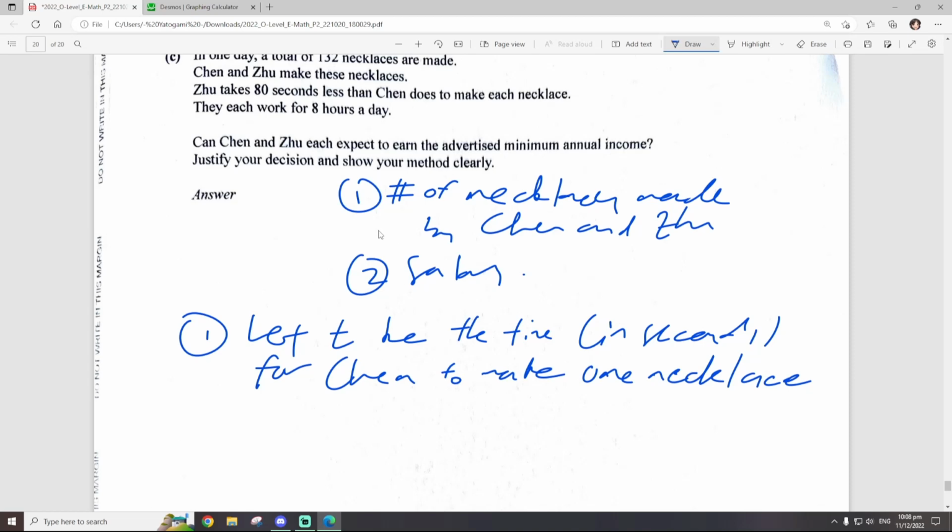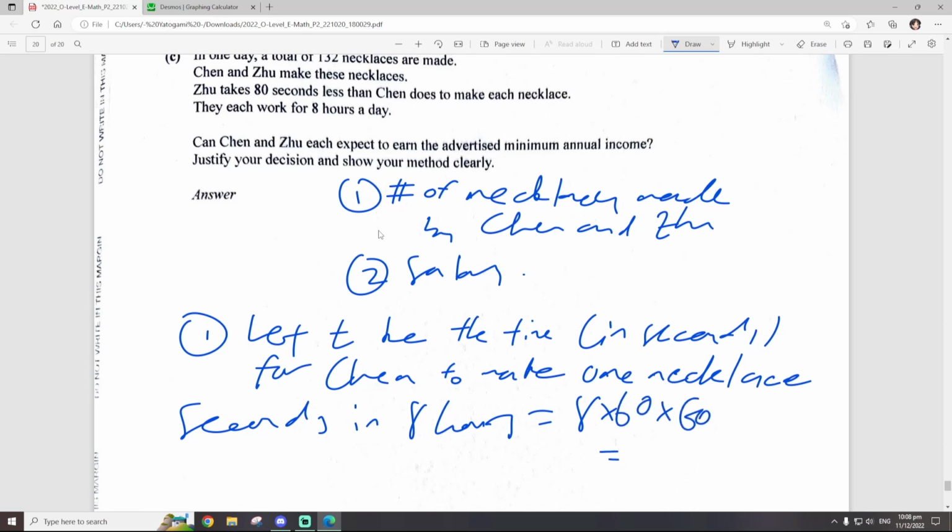You will get another quadratic equation, but you should arrive at the same ultimate result for how many we make. So how many seconds are there in 8 hours? Well, it's 8 times 60 times 60, which is 28,800.